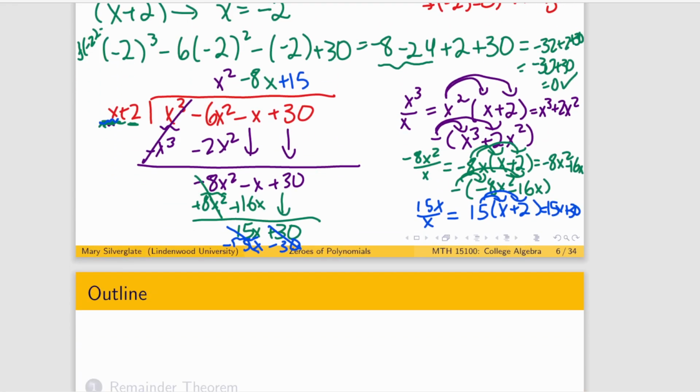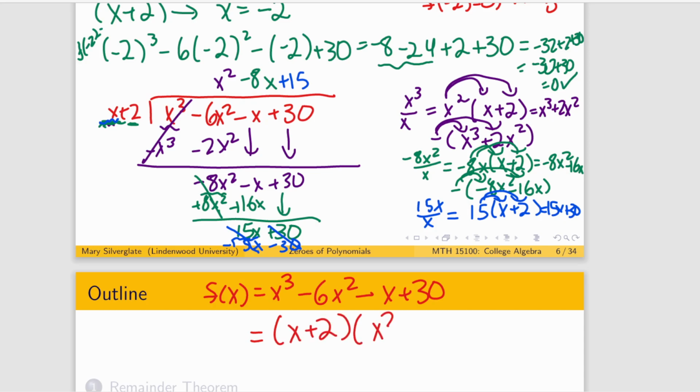So we just figured out that f of x equals x cubed minus 6x squared minus x plus 30 factors into x plus 2 times x squared minus 8x plus 15, because that was the result after our long division.